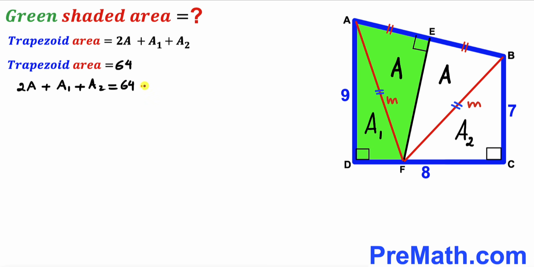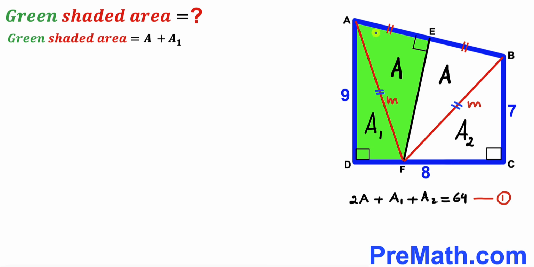I'm going to label this as equation number 1. Furthermore, this green shaded region consists of these areas A and A1. As you can see, the green shaded region area is simply uppercase A plus A1. So now our task is to calculate the value of uppercase A and the area A1.